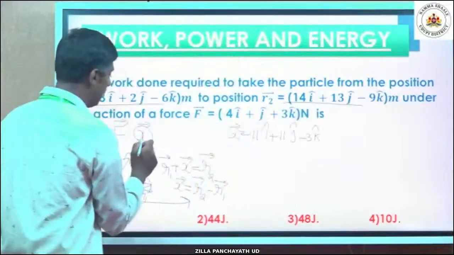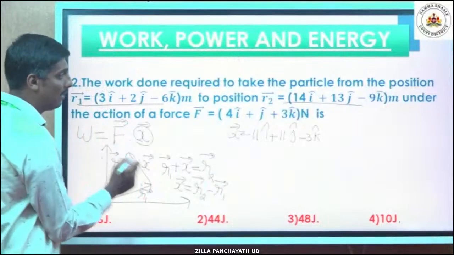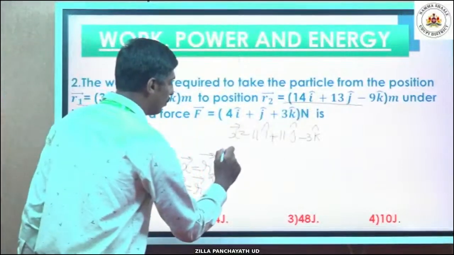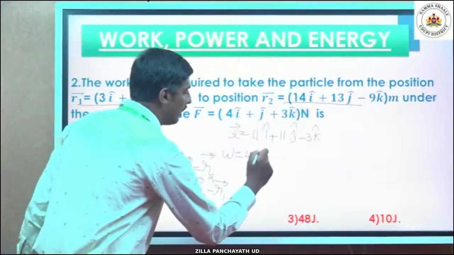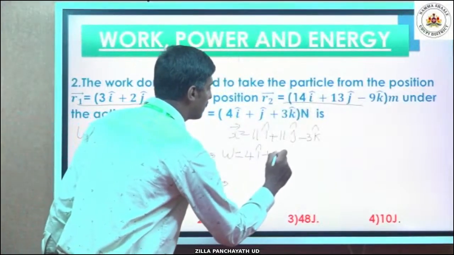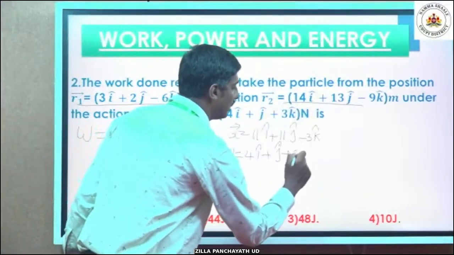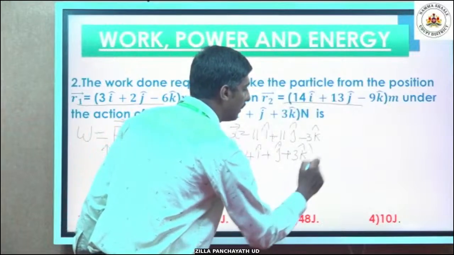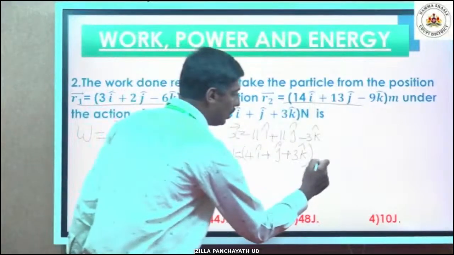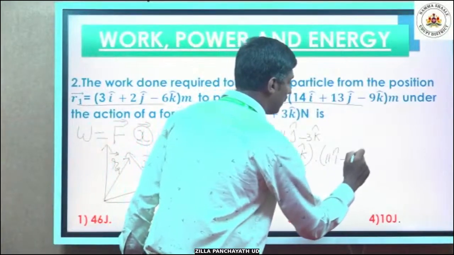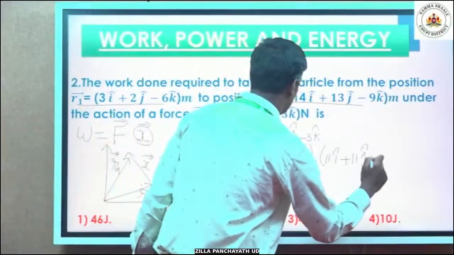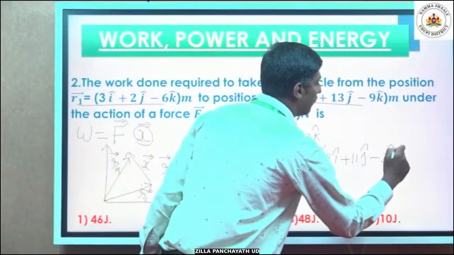This is our displacement. Now the force has been given here. What is the force? This one. So work done is equal to F dot X. F is 4 I cap plus J cap plus 3 K cap. Force dot displacement, displacement is 11 I cap plus 11 J cap minus 3 K cap.